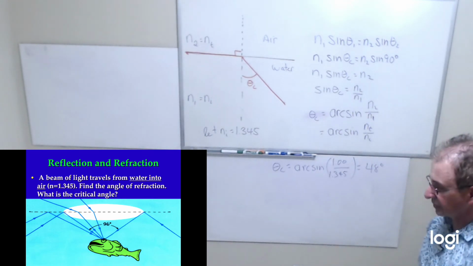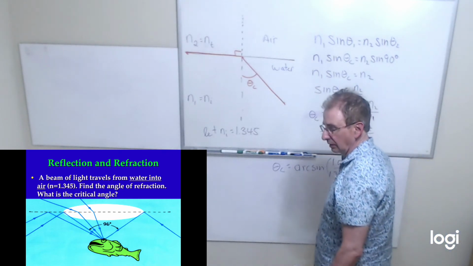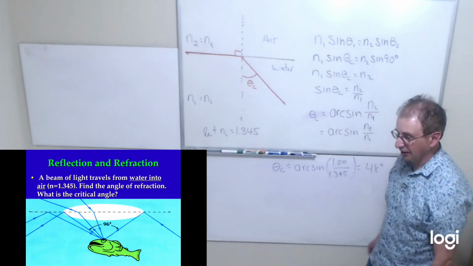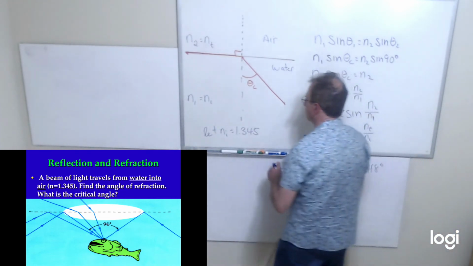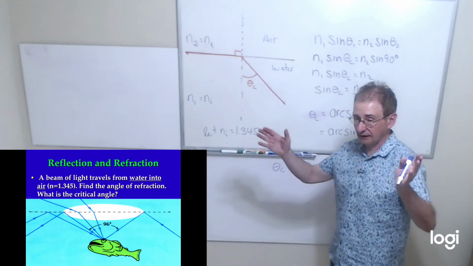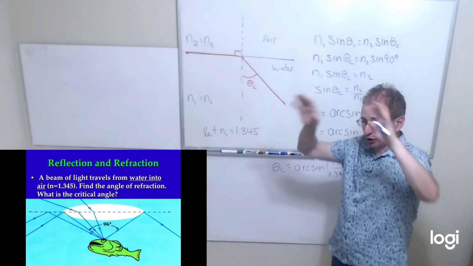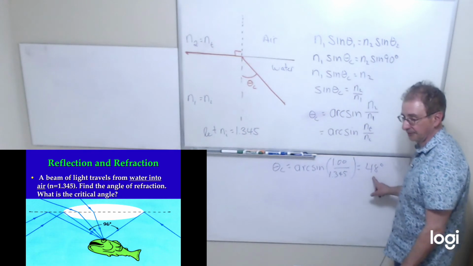If you look at that picture with the fish looking up, the light is going out at 48 degrees either way. So the fish can see through a cone of 96 degrees, which is twice this angle.